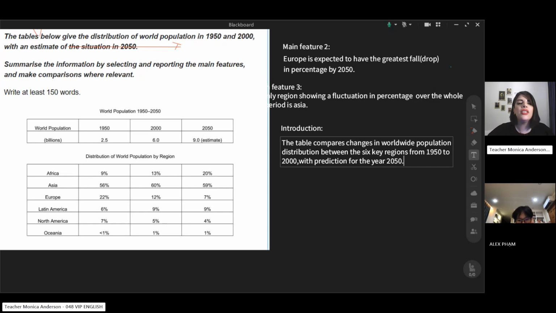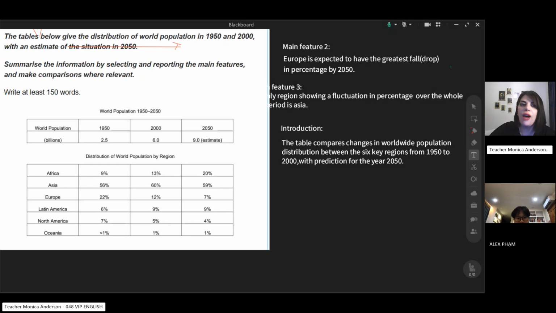Okay, now it's time to write the second paragraph that I told you before is the most important paragraph in writing task 1. Your overview, how to write it. Okay, so this second paragraph, as I told you before, repeats your main features.